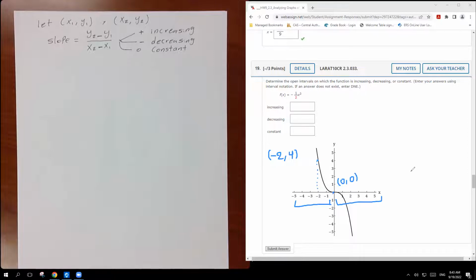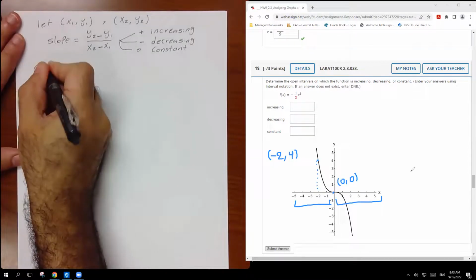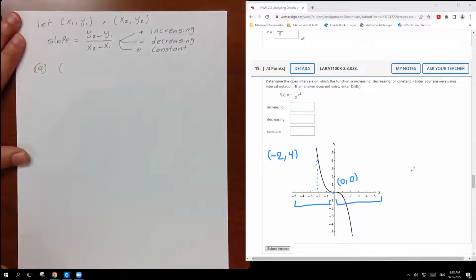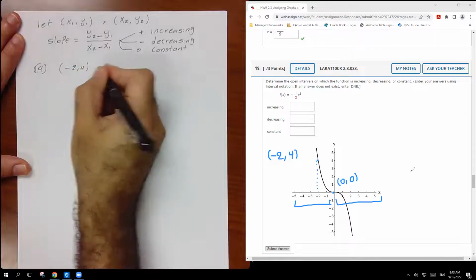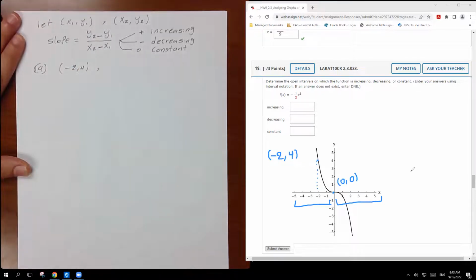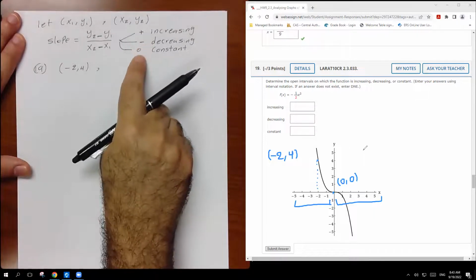So here, I have 2 points. This is 19. The first point is -2 and 4. You can choose any point from the graph. Even if it's a decimal point, you're going to get exactly the same result, because our goal depends on the sign, positive, negative, or 0.